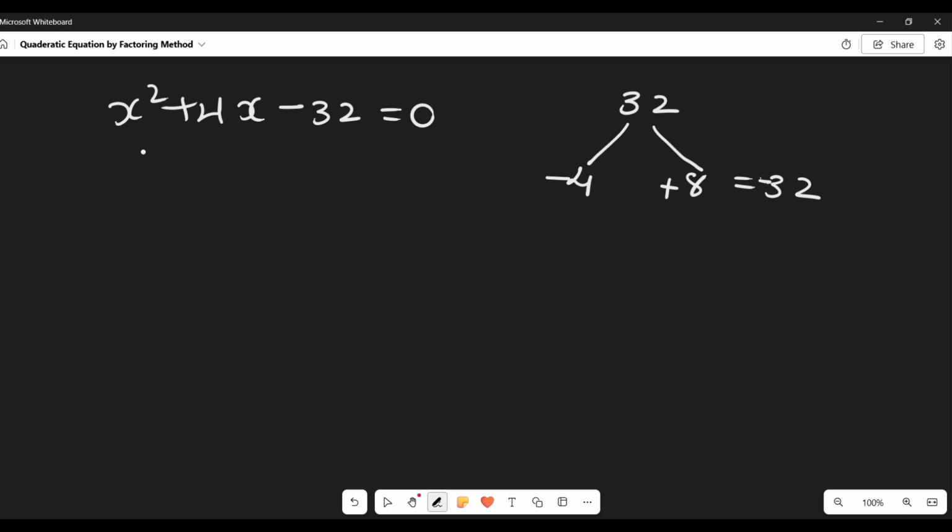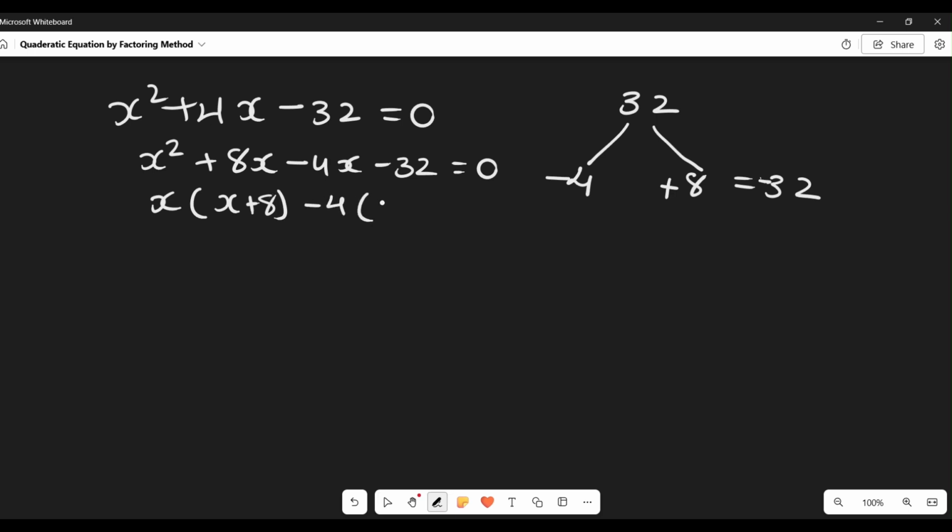So we can write x² + 8x − 4x − 32 = 0. So here we can take out the x common, x(x + 8) − 4(x + 8) = 0. So we can write (x + 8)(x − 4) = 0.